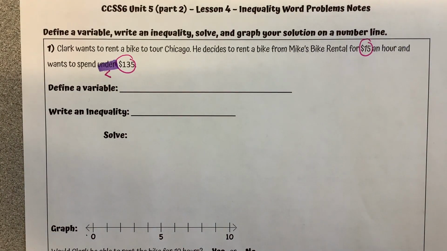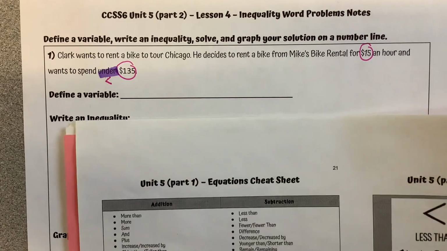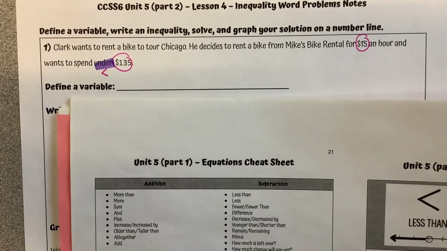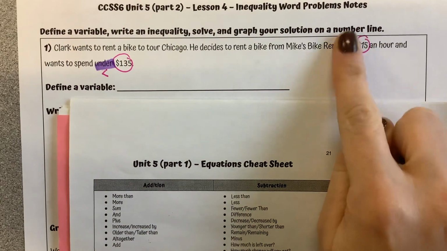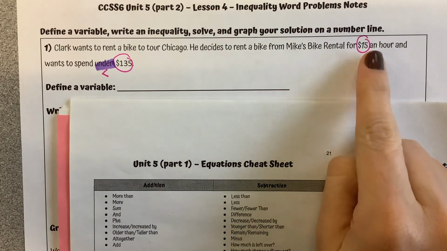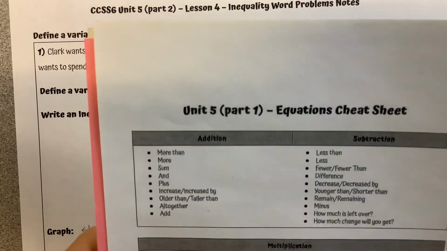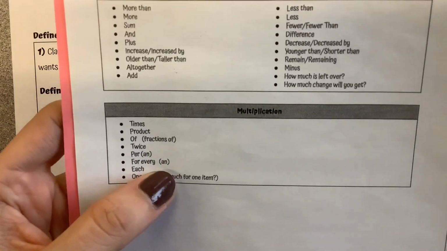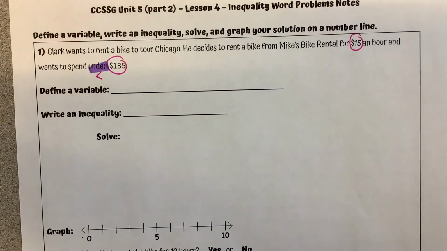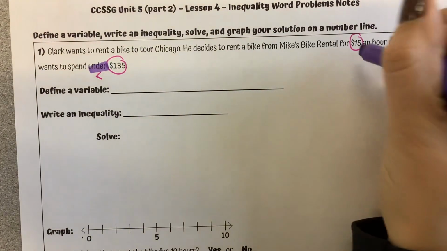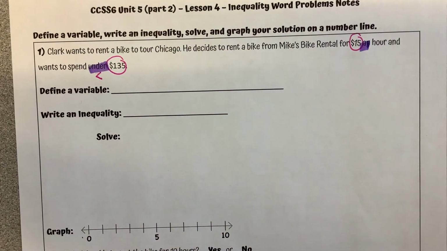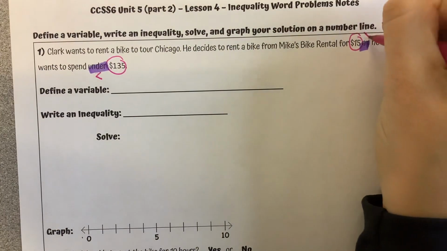And then thinking about the operation for equations, I'm going to look by my other number. It says for $15 an hour. And if I look at my equations, an or for every is under multiplication. So that keyword of an tells me it's going to be a multiplication problem.